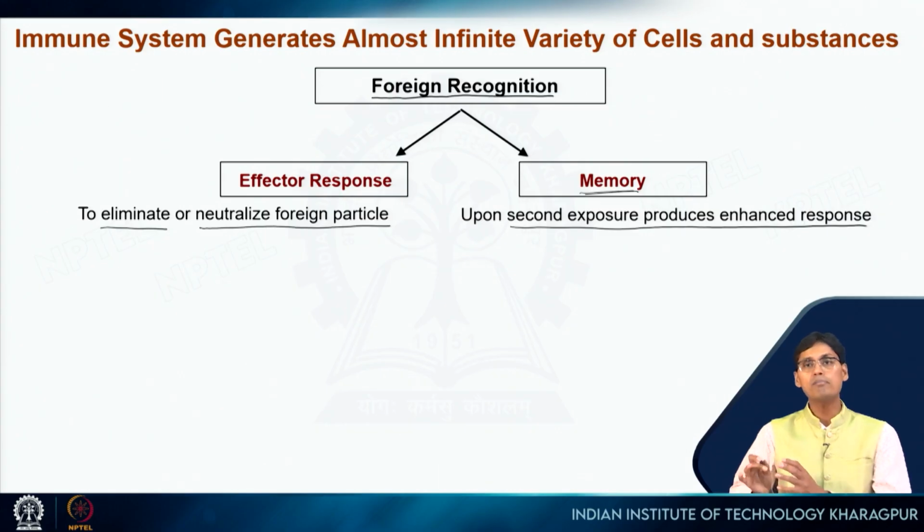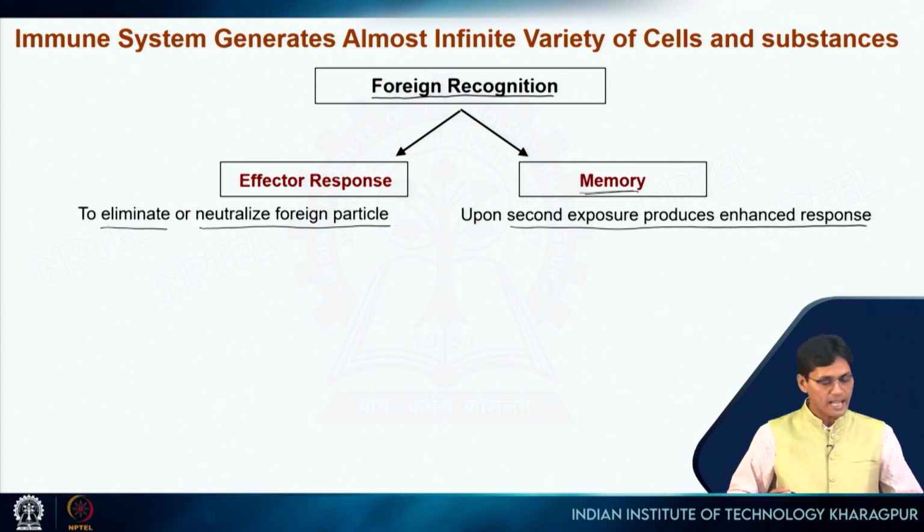They have some components, and next time when I get the same infection, the immune system acts very quickly and can clear the infection. As a result, I will not have any symptoms, I will not have the disease also. So this is because of the immune memory.